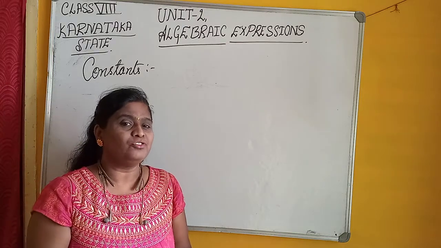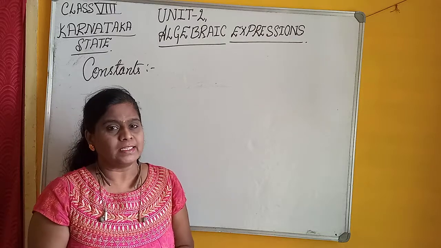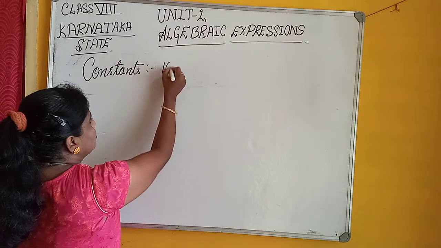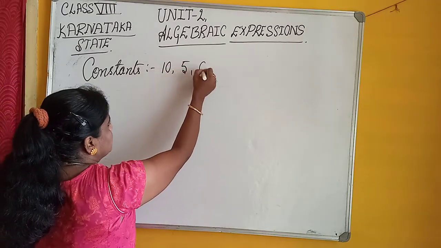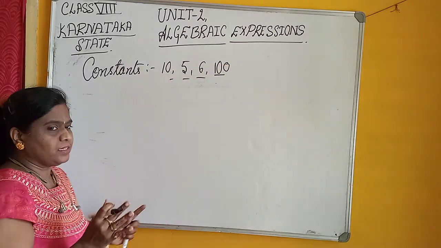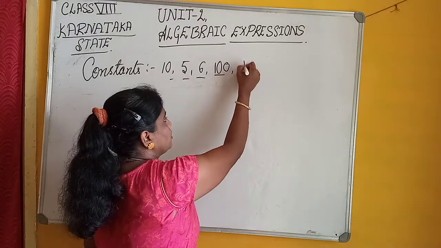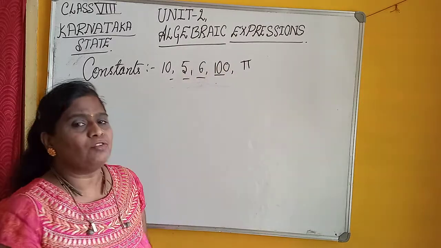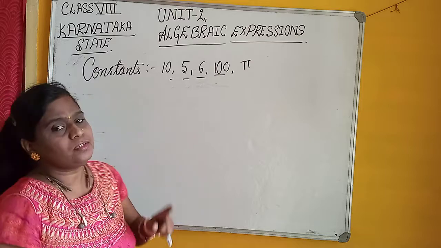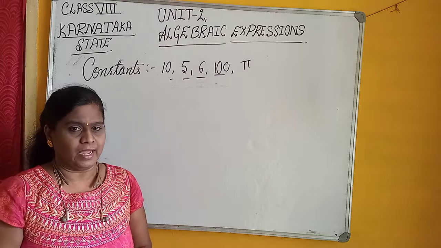Their value doesn't change; it always remains the same. For example, numbers like 10, 5, 6, their values never change. If you consider symbols like pi, the value of pi is 22 by 7. In this way, constants are those symbols which have fixed values.